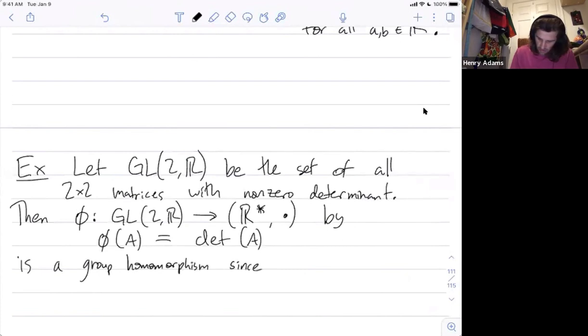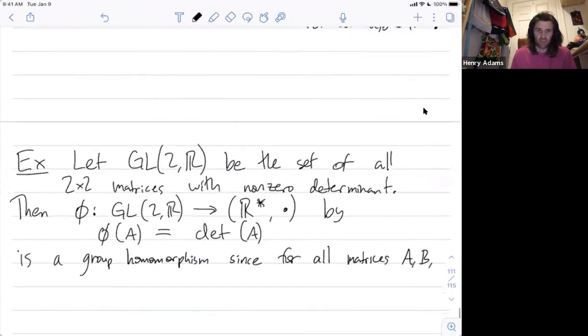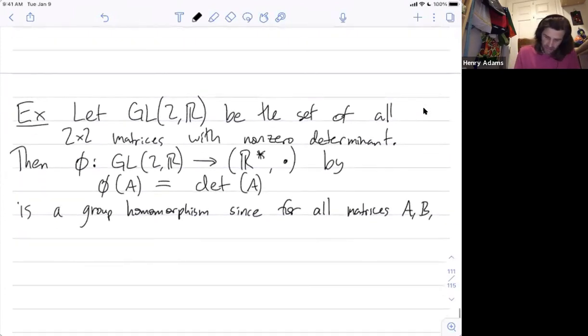Since for all matrices A and B, maybe you've learned this property in linear algebra, the determinant of a product of matrices actually turns out to be the product of their determinants.